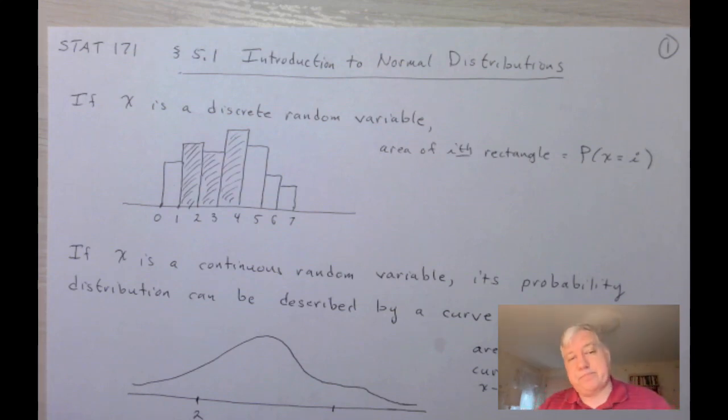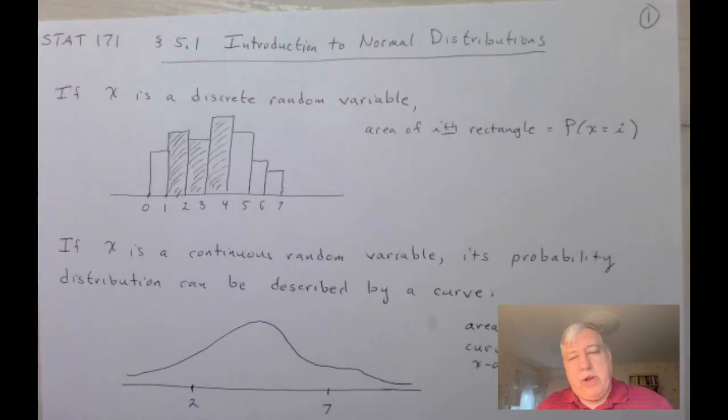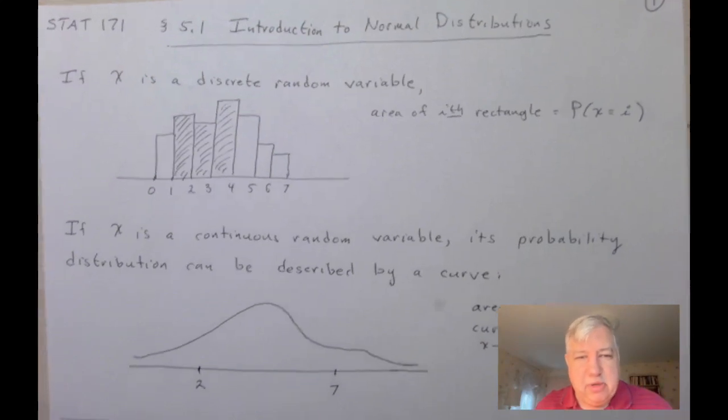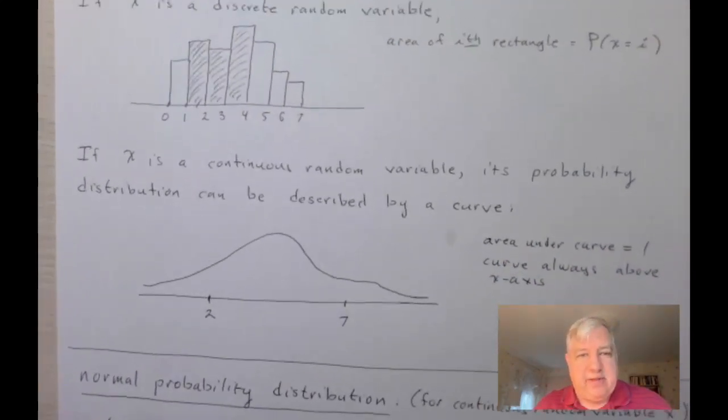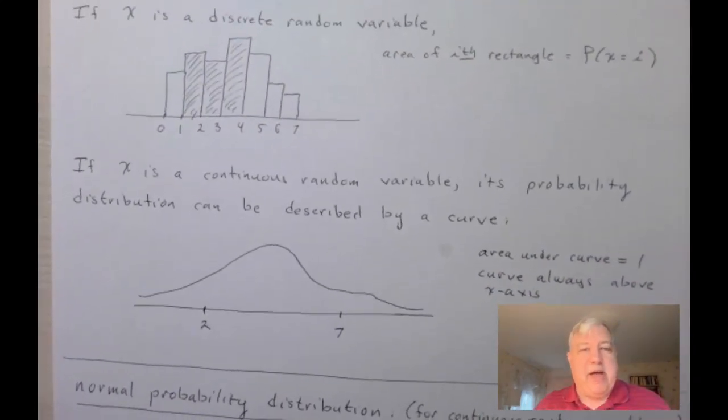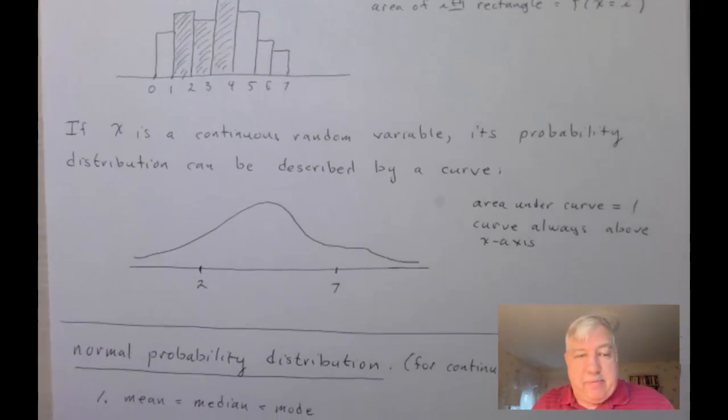Now, we have to try a different approach when we have a continuous random variable, because in that case there are infinitely many values of x, and we can't draw infinitely many bars. So we do it a different way.